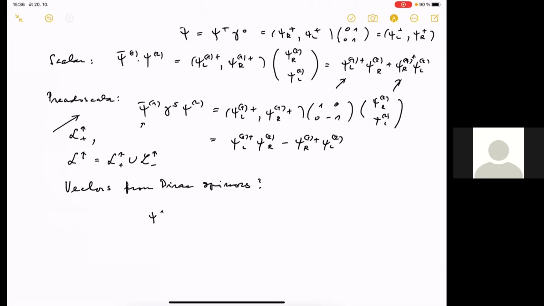Take Dirac spinor 1, Hermitian conjugated, and such a matrix, sigma mu 0, 0, sigma mu bar, times psi 2.